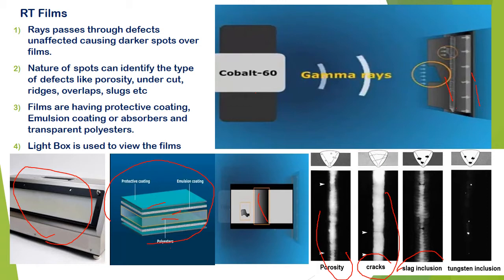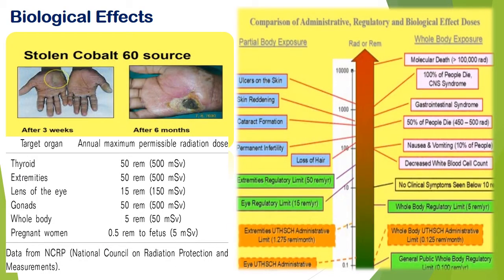Now we know this radiography generates a lot of harmful radiation like gamma rays and beta rays, and only a limited portion can be tolerated by the body, maximum 50 rem or 500 millisievert. Here in this picture you can see rashes in 3 weeks, but in 6 weeks it can be very dangerous. The whole body can tolerate up to 5 rem or 50 millisievert; maximum 50 rem is allowed as the extreme regulatory limit.